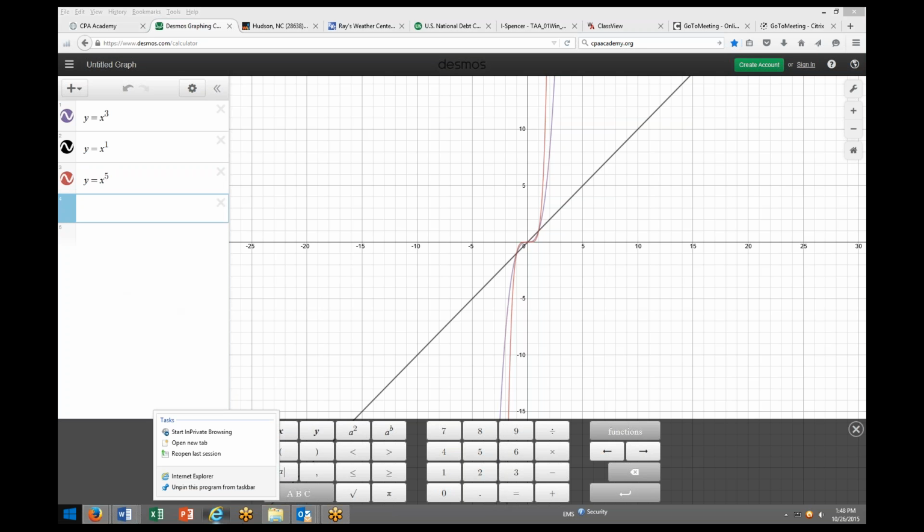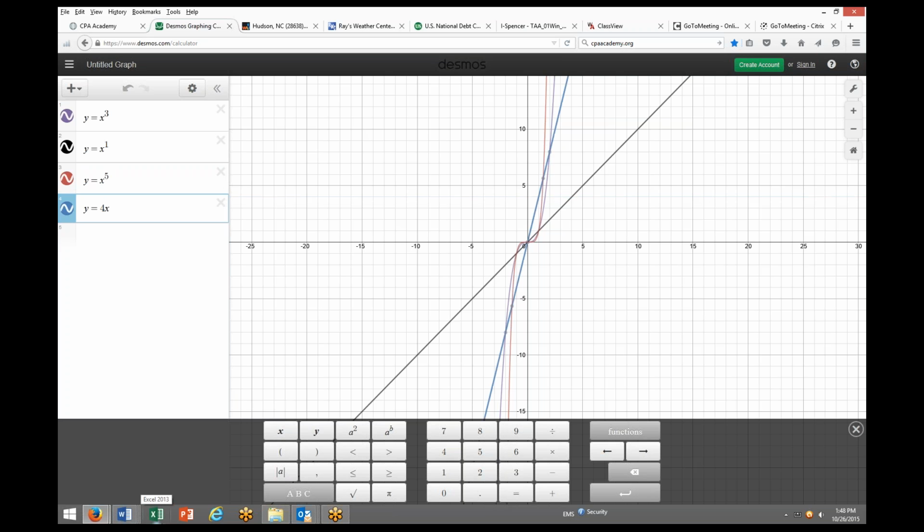So for instance, if we had y equals 4x to the fifth minus 3x to the fourth plus 2x to the third minus 6x squared plus 2x minus 1, say.